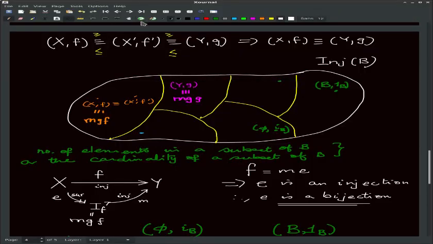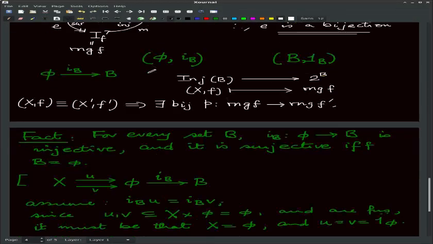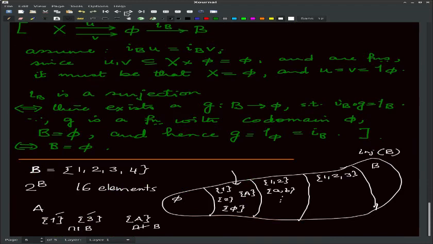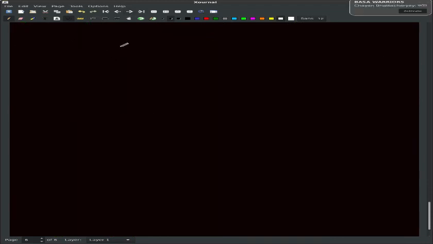Lemma 6.4. In fact, I think I proved it last time in a very implicit way.